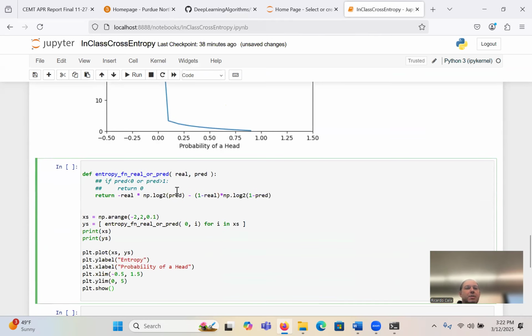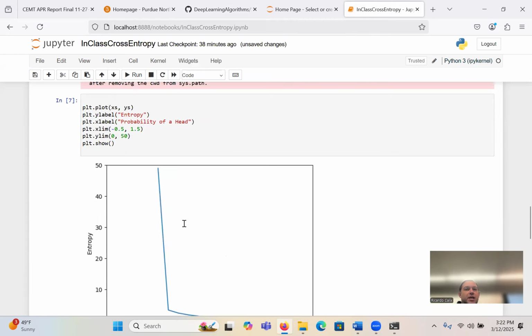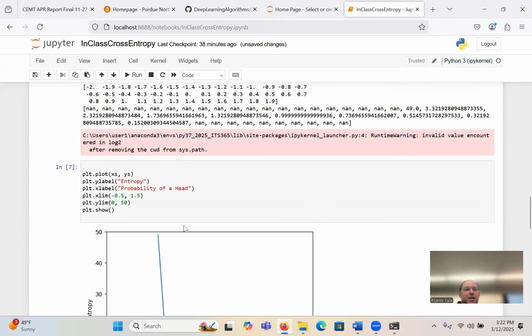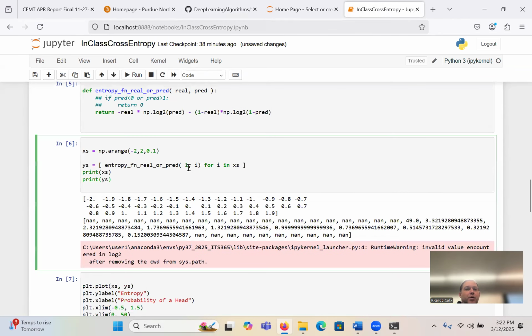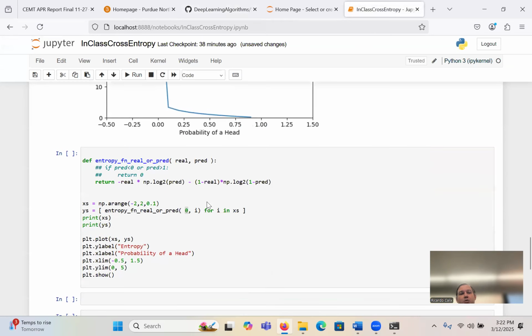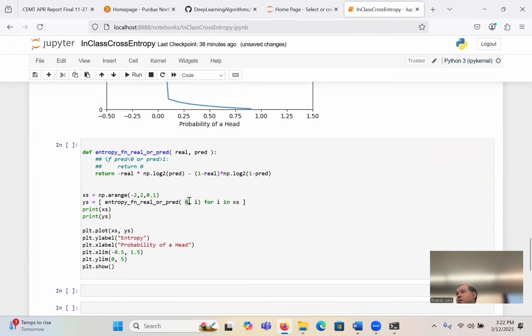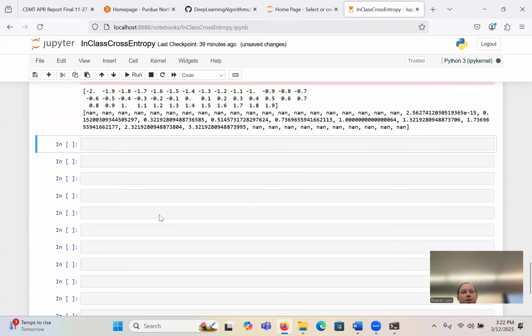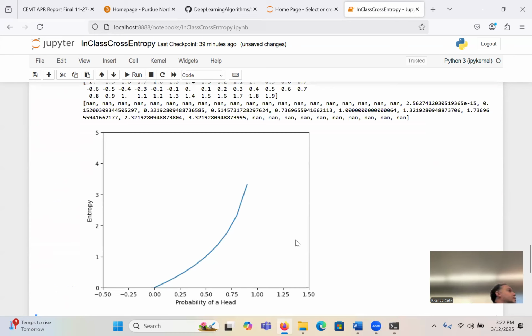Now, I'm going to do that here. You can see that's the same equation, the same thing, but notice in the cross entropy, this is now 0. Instead of it being 1, like in the previous example, because we were looking at the case when the real label is 1. Now we're looking at the case where the real label is 0. Okay? And when the real label is 0, what is our objective? Our objective is to minimize entropy, correct? We want this value to be as low as possible, correct?